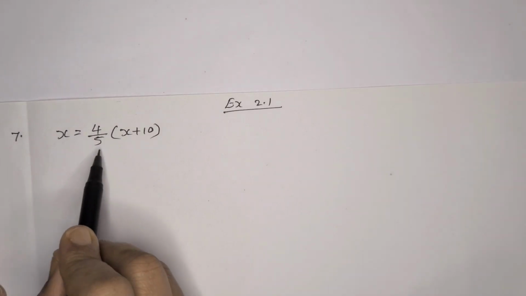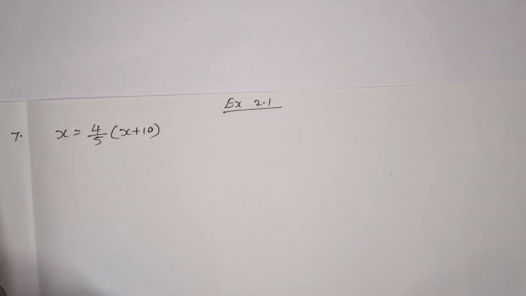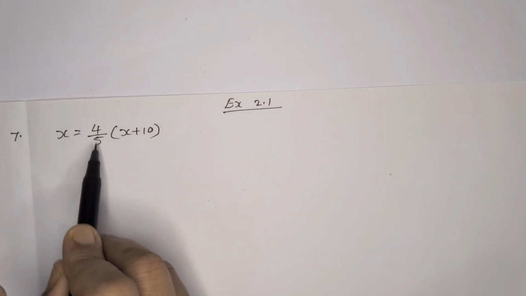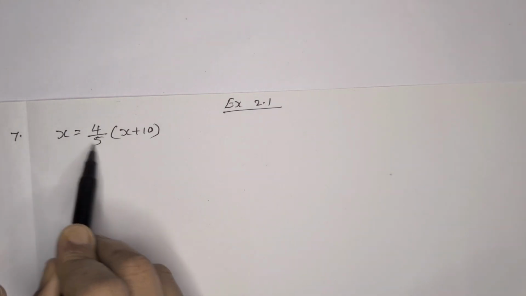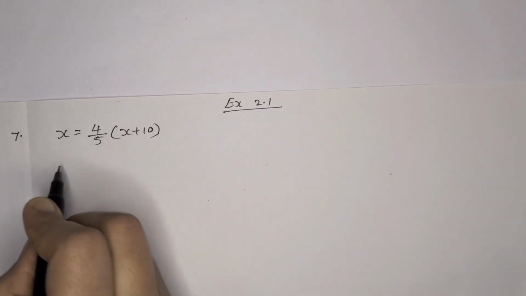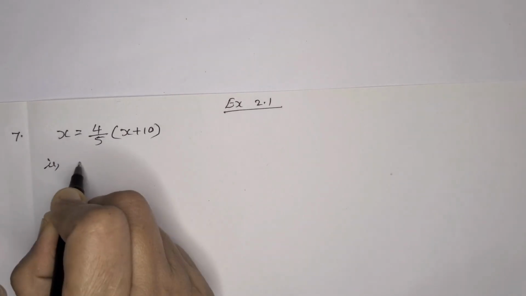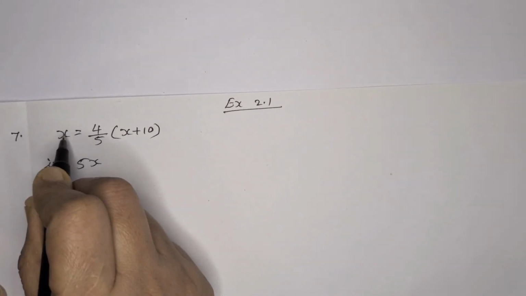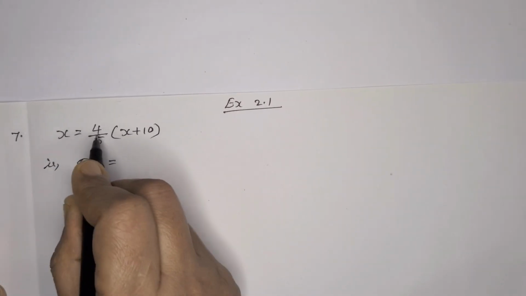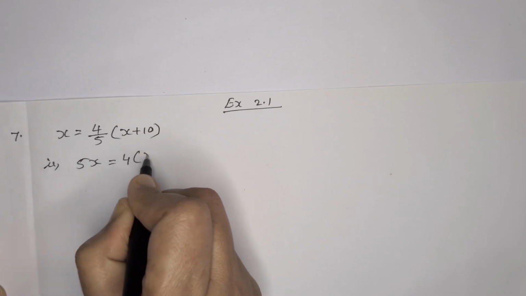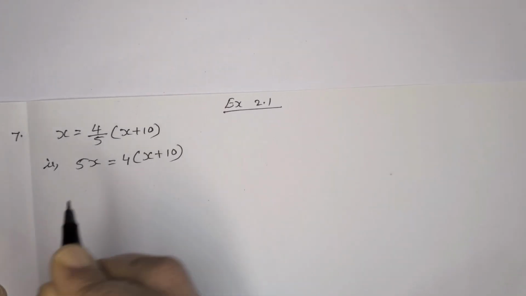x is equal to 4 by 5 into (x + 10). It's a fraction, so first we try to avoid this fraction by multiplying x with 5. Cross multiply. So we can write 5x is equal to this side 4 into (x + 10).